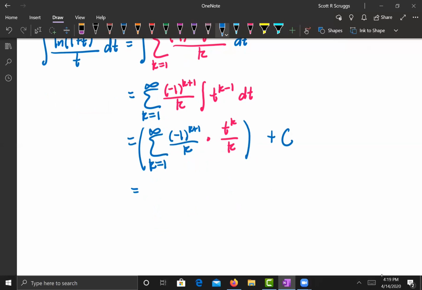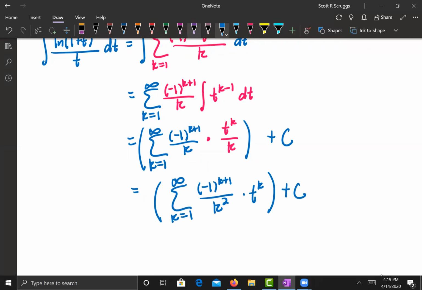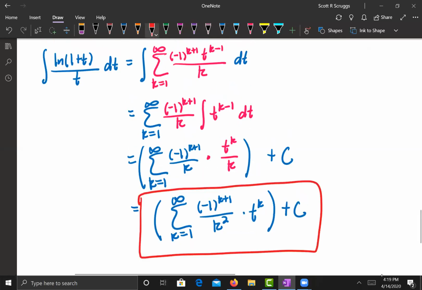So I could rewrite that as the sum from k equals 1 to infinity of -1 to the k plus 1 power over k squared times t to the k power, and then a plus c at the end. And that gives me a very lovely antiderivative for that guy.